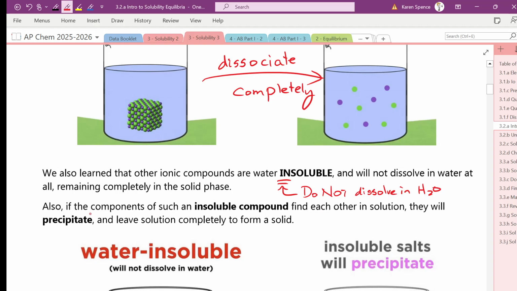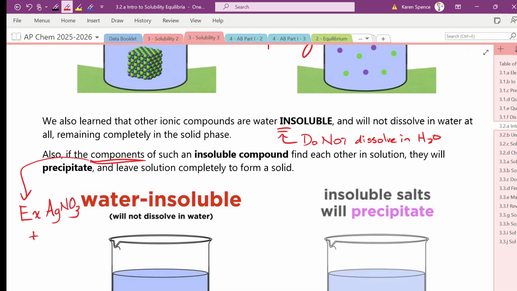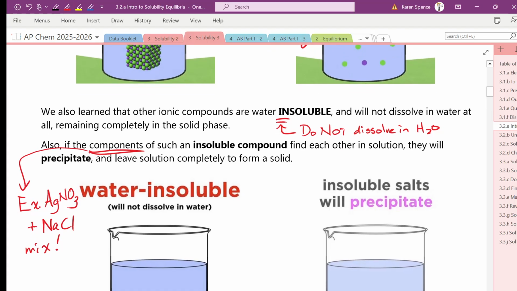Or if we have the components of an insoluble compound, so for example, if we had AgNO3 and NaCl, and we mix the two, we would get, and if we check our data booklet, we can see that if we combine our outside ions, we get AgCl.